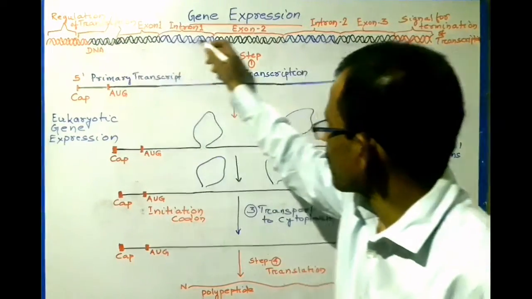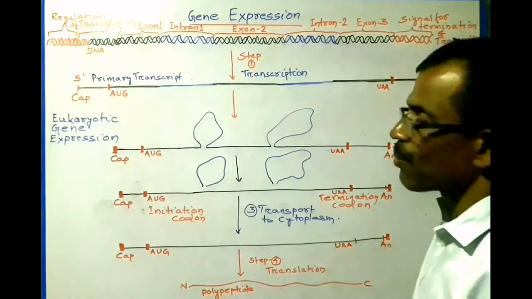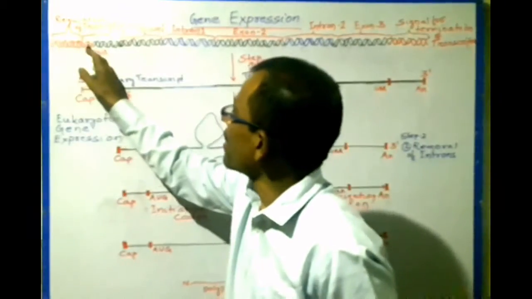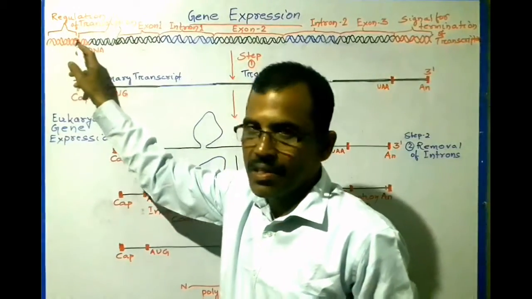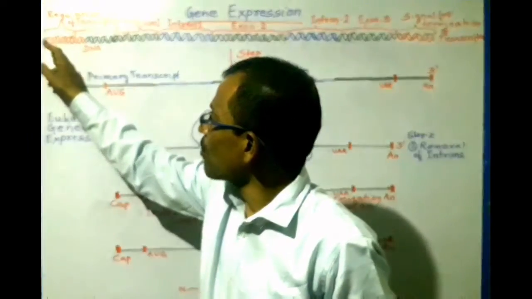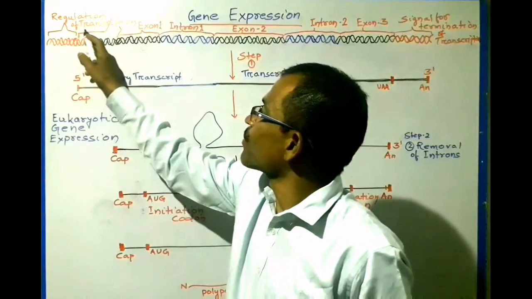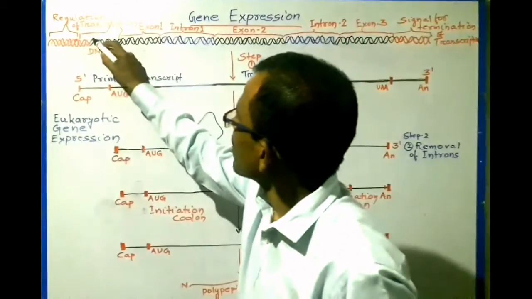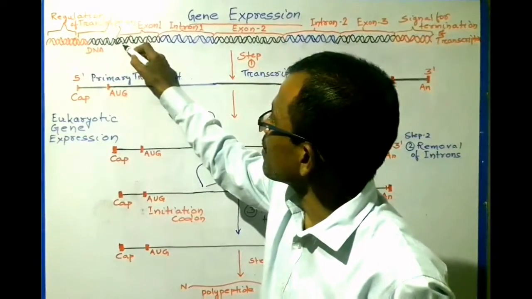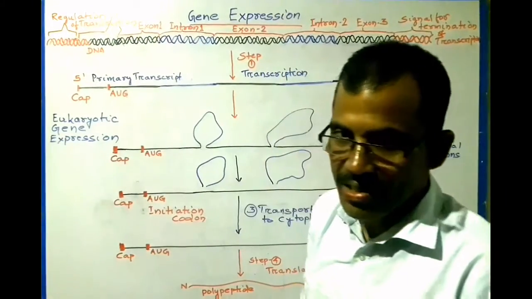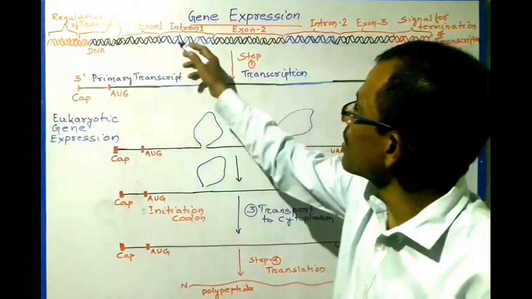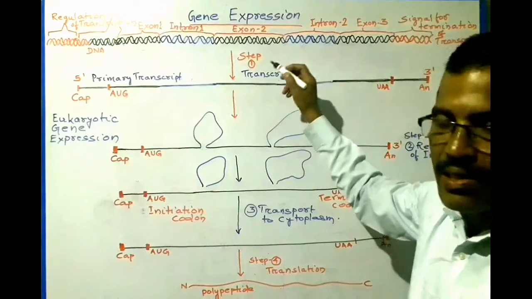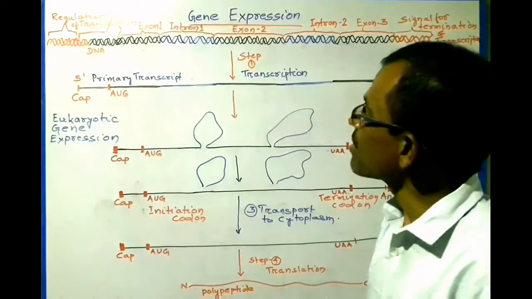This diagram represents a eukaryotic nuclear gene. This red stretch is the regulatory region. The function of this red region is to regulate transcription. After this, there is another regulatory region that regulates translation. As you see, in this eukaryotic gene, there are a number of coding sequences as well as non-coding sequences.